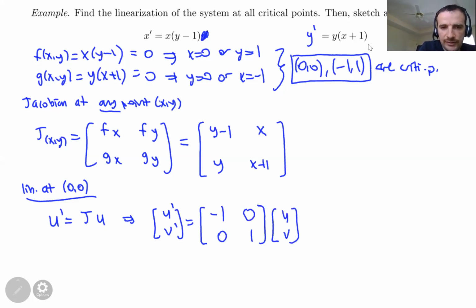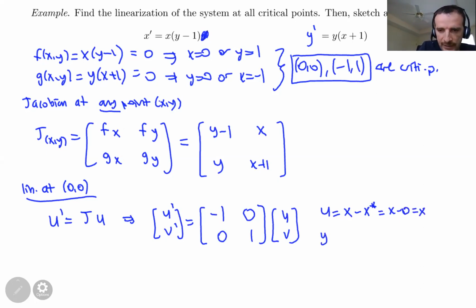And what is u and what is v? So u is equal to, remember, x minus x star, the x coordinate of the critical point, which is 0. So it is x minus 0, which is x. So u is equal to x.